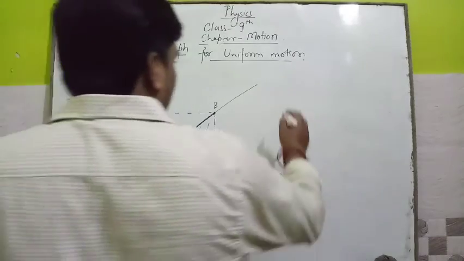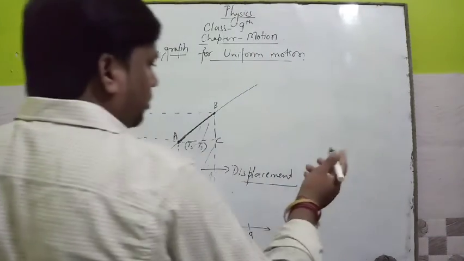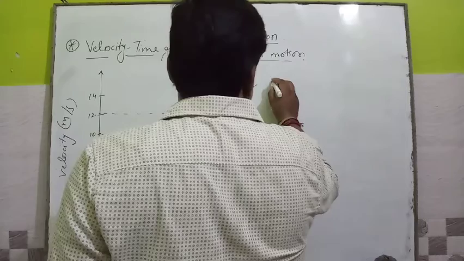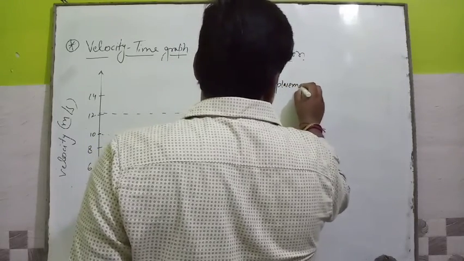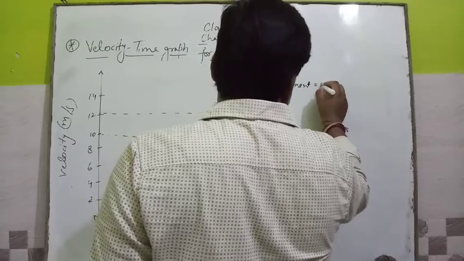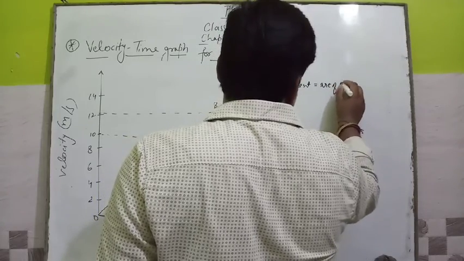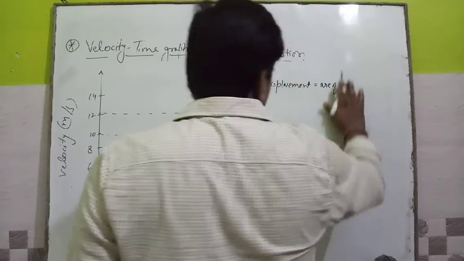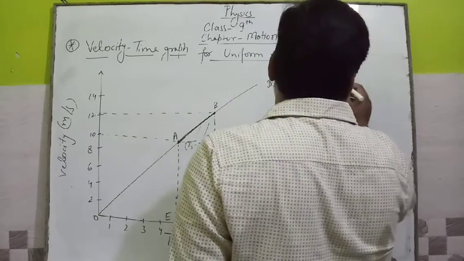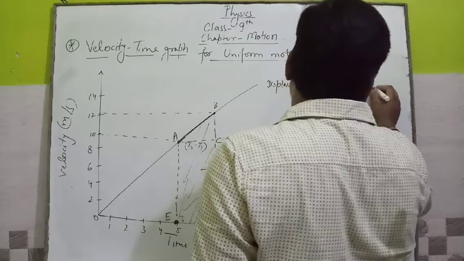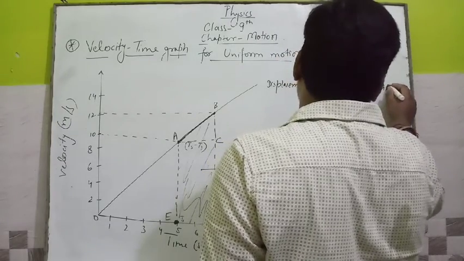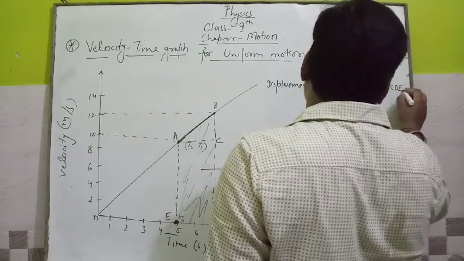So simply we can say that displacement is equal to the area of the shaded figure, that is A, B, C, D, E.